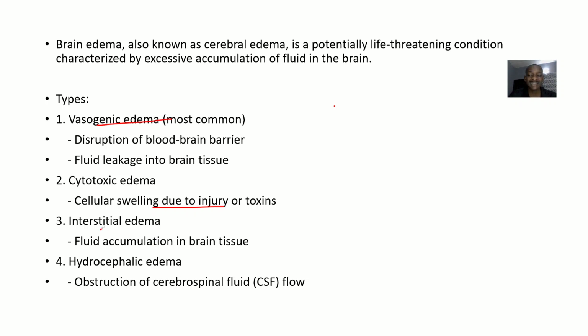Then it could be interstitial edema, where there's fluid accumulation in the brain tissue in the interstitial. Okay, then it could be hydrocephalic edema, where there's accumulation of fluid because the free flow of the CSF, or cerebrospinal fluid, has been impeded.